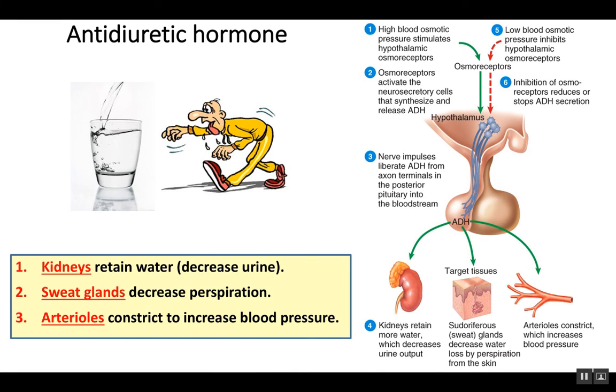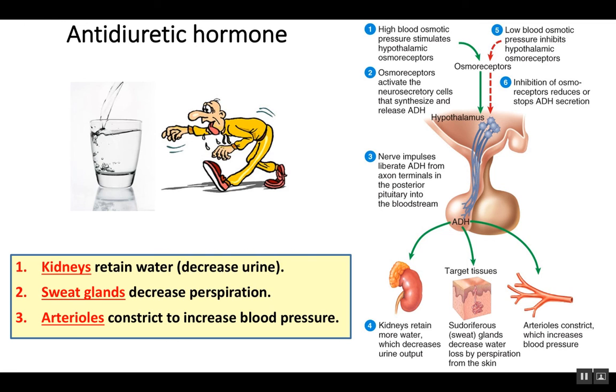So, said again, ADH is produced in response to dehydration, tells the kidneys to retain water, tells the sweat glands to stop sweating, and tells arterioles to constrict in order to maintain proper blood pressure. This is the most important hormone in maintaining fluid balance.